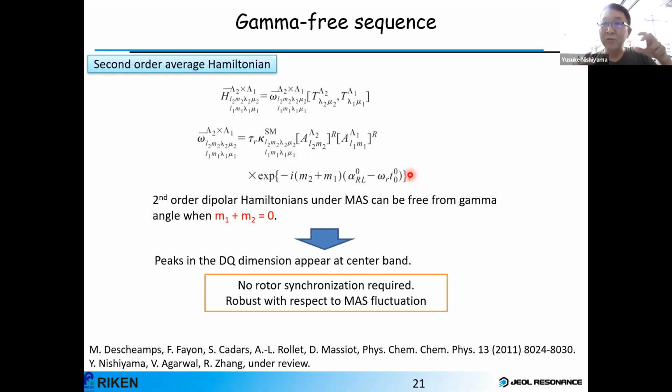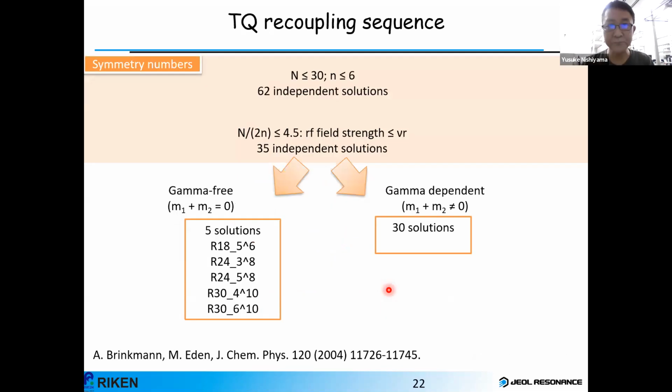Then, since the Hamiltonian doesn't depend on the rotor phase, of course, we don't need rotor phase synchronization, and this is robust with respect to T1 noise due to the spinning fluctuation.